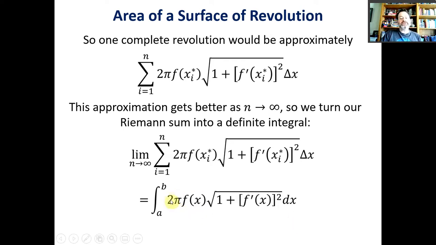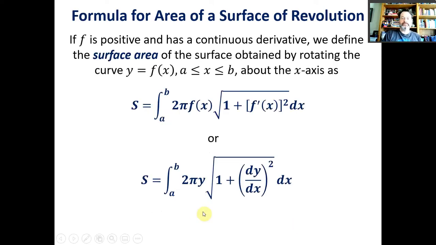So this is actually the formula that we're going to use. Again, must have a continuous derivative, just like we had in section 8.1. And you can write it either way. You can write it with f of x, you can write it with y, dy dx. And this is, again, if we're going in the y equals f of x, so we're given y as a function of x, you choose it this way. If you're given x as a function of y, you go the other way.